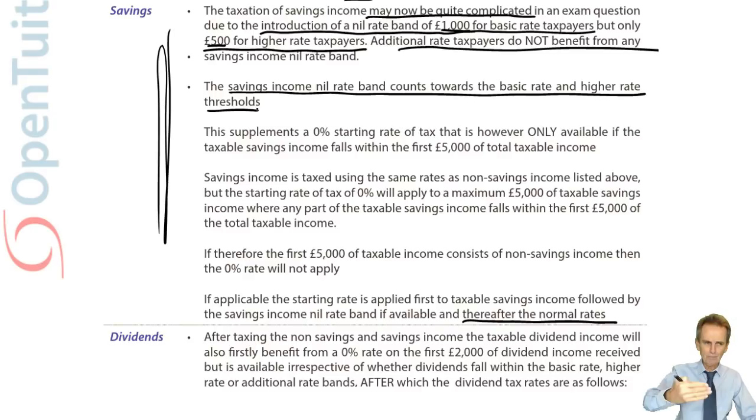It counts towards that cumulative total of £34,500, or eventually up to that cumulative total of £150,000. We don't just ignore it. This is not an exemption. This is a rate of taxation. You apply it, as we'll see in a few minutes' time, in your tax calculations.